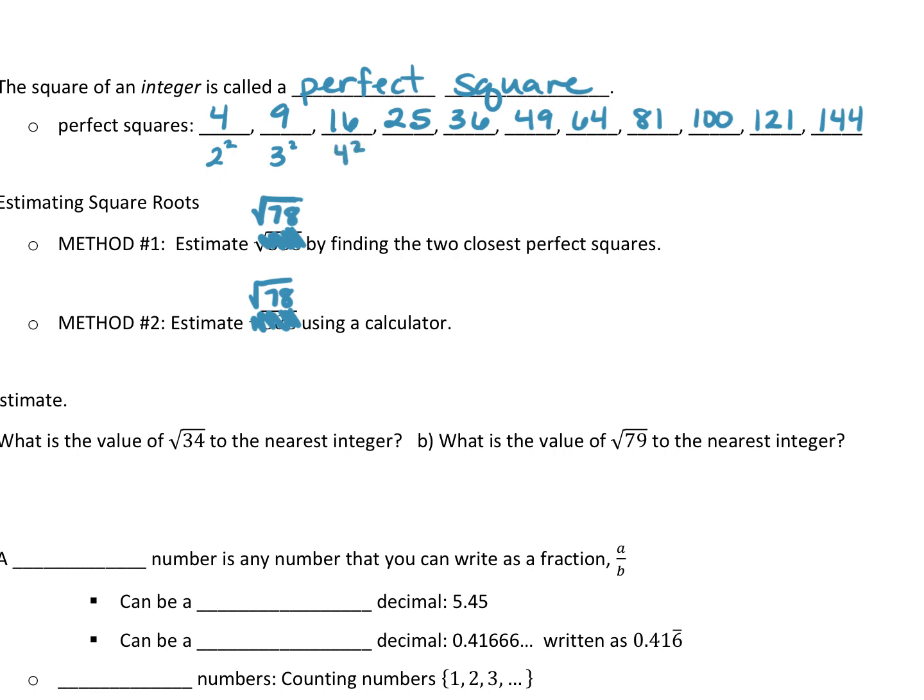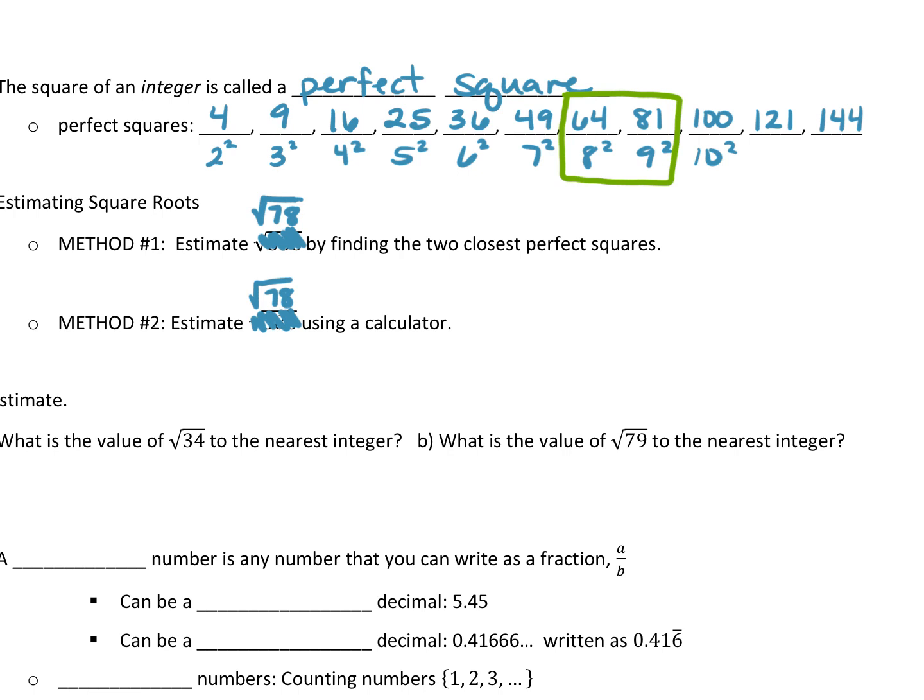This was 4 squared, 5 squared, 6 squared, 7 squared, 8 squared, 9 squared, so on and so forth, right? If I'm looking for the square root of 78, I'm looking for what number times itself got me 78. Well, if you look up here, it's got to fall between those 2, right?